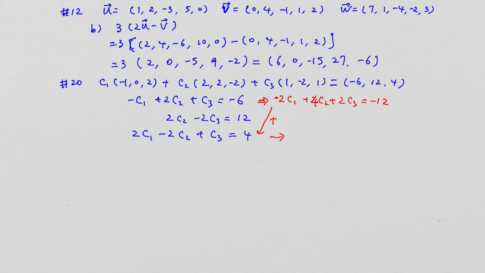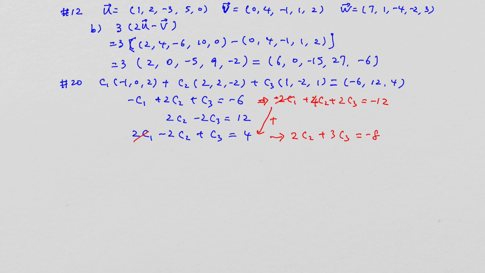My new equation will not have a 2C1 anymore, that's gone. And then 4C2 minus 2C2 is 2C2. 2C3 plus C3 will be 3C3. And then negative 12 plus 4 is equal to negative 8.